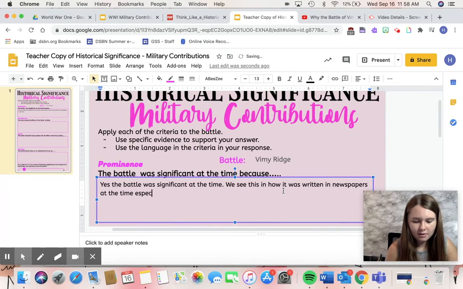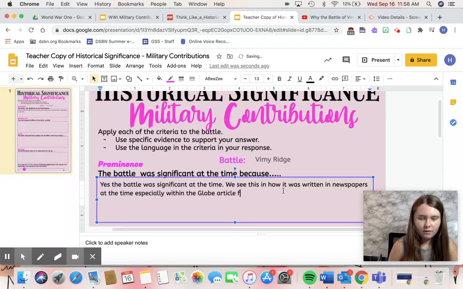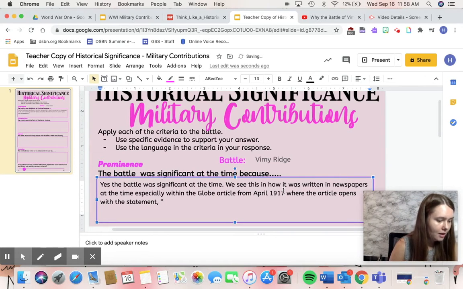especially within the Globe article from April 1917, where the article opens with the statement. And then I'm going to put a quote in here.